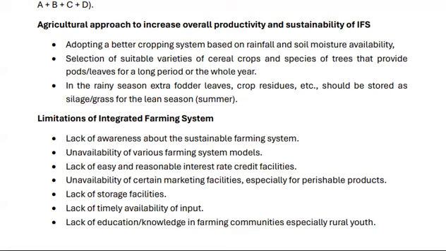Pangatlo, lack of easy and reasonable interest rate credit facilities, unavailability of certain marketing facilities, especially for perishable products, lack of storage facilities, lack of timely availability of input, and lack of education or knowledge in farming communities, especially in rural youth.